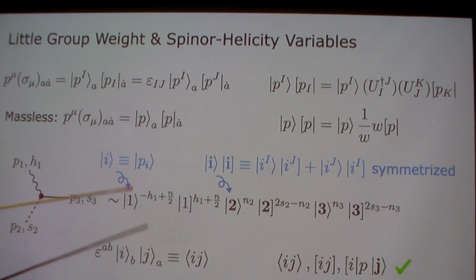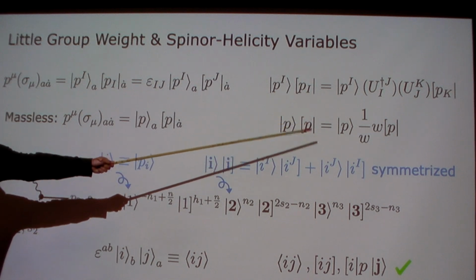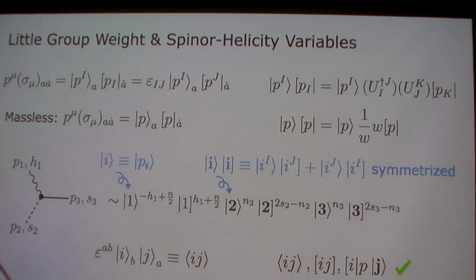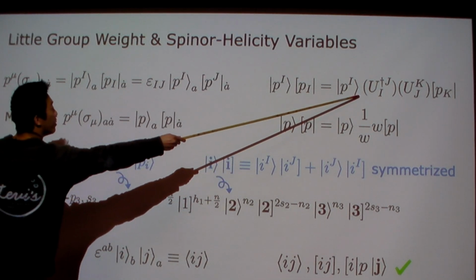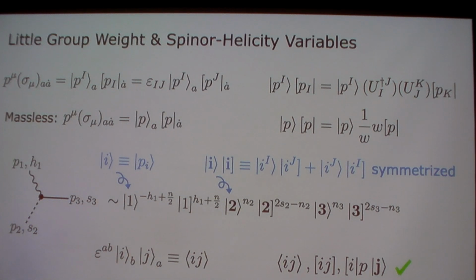So you can see that these spinors are not uniquely defined by the momentum. You can do a U(1) transformation. We want to keep the normalization, so it's a U(1) transformation, and this will not change the momentum of the particle. This U(1) transformation actually corresponds to the little group of a massless particle. For a massive particle, the little group is SU(2), and indeed we can perform an SU(2) transformation on the spinors, but that will not change the momentum of the particle.